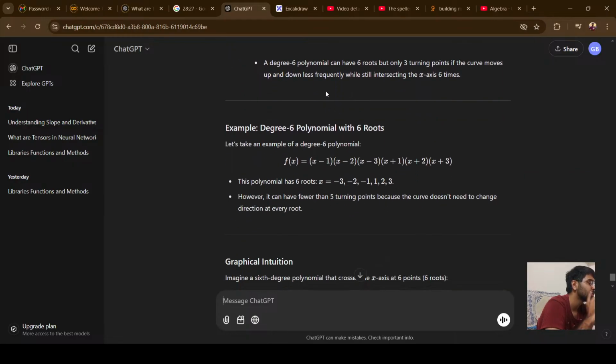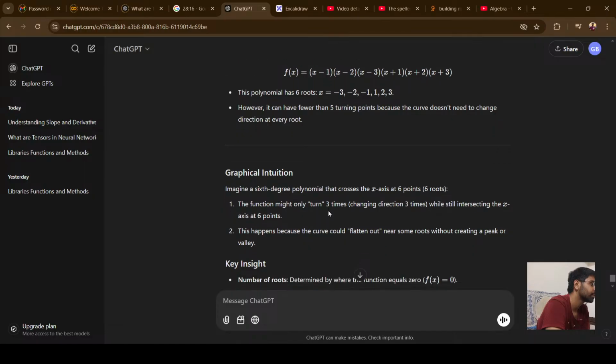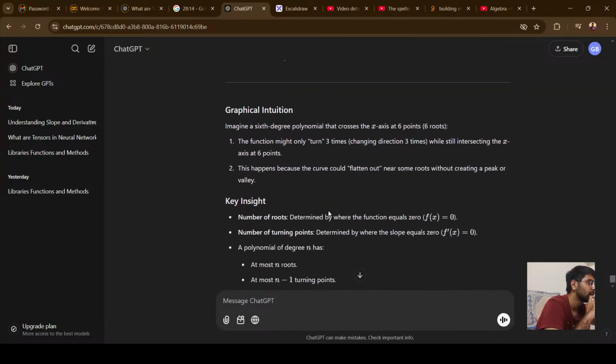A degree 6 polynomial with 6 roots can have fewer than 5 turns because the curve does not need to change direction at every root. Imagine a degree 6 polynomial that crosses the x-axis at 6 points. The function might only turn 3 times.